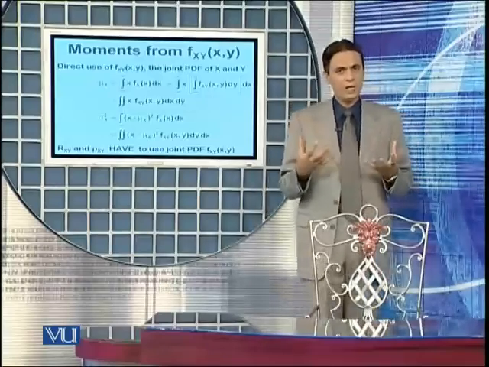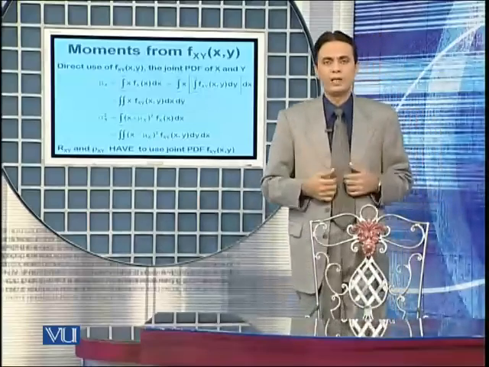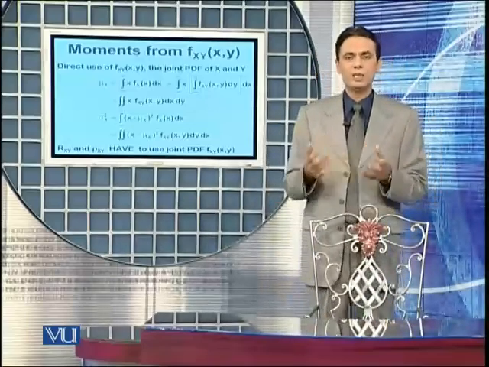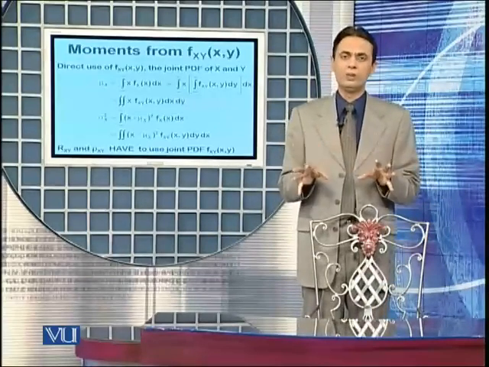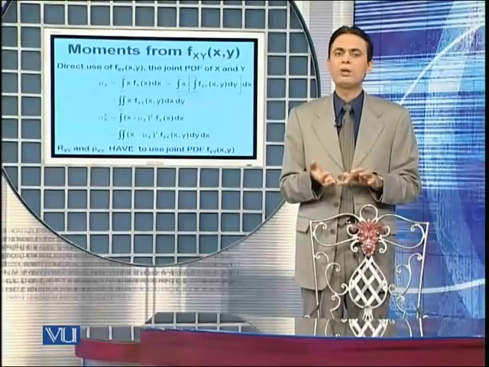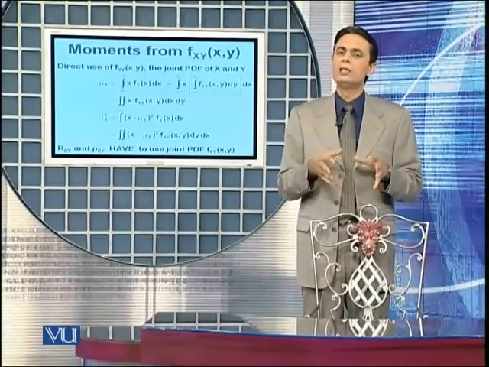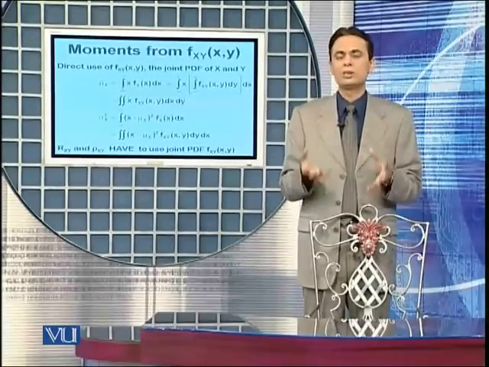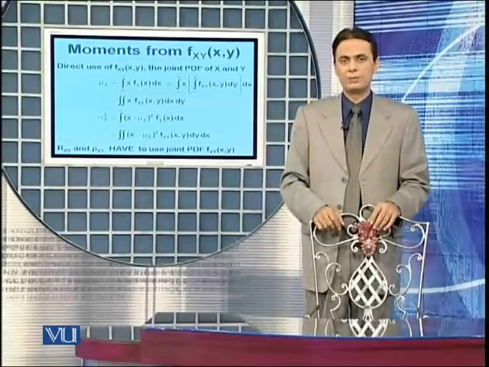So if you have the joint PDF of x and y, you can use that to find different means and variances of x and y individually. By the way, if you have to find the correlation of x and y or covariance of x and y, you definitely have to use the joint PDF. But the joint PDF can be used for other cases.